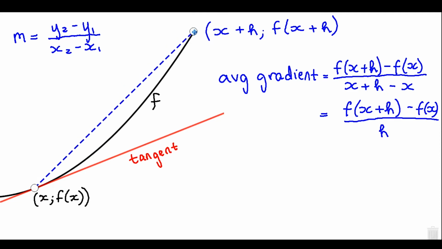If h was 0, then we'd have a division by 0, and we'd only have 1 point, and we wouldn't be able to use our gradient formula. But we want h to be as small as possible. So what we do now is we work out the limit as h approaches 0. This formula gets provided to us on the formula sheet as a means of finding the gradient of the function f at the point x.